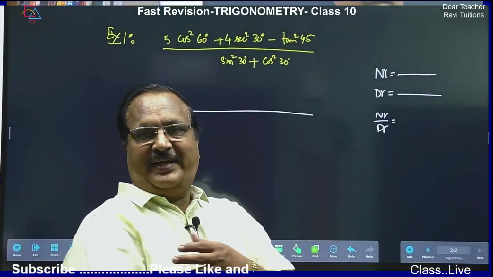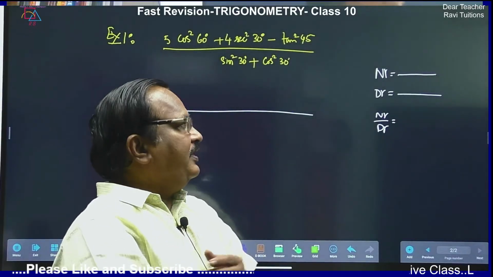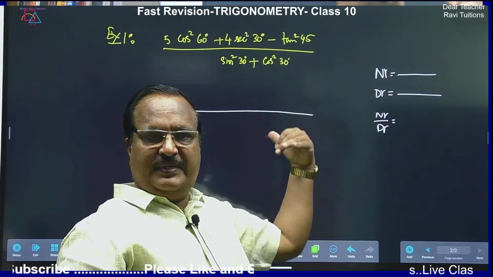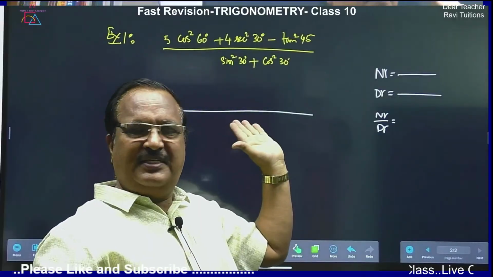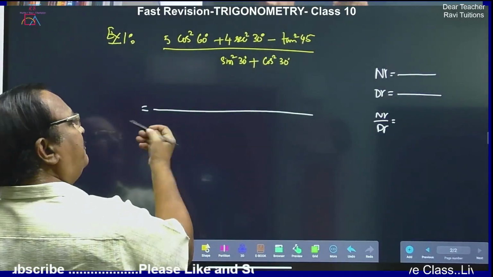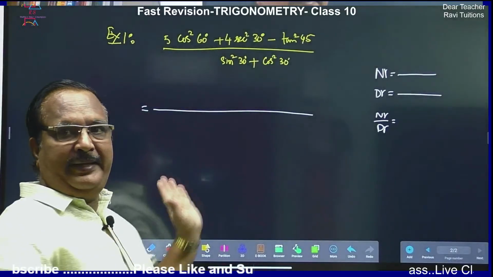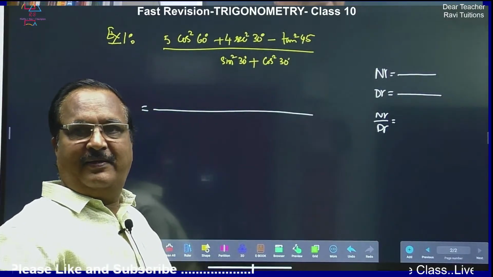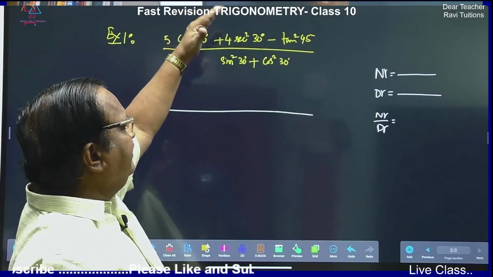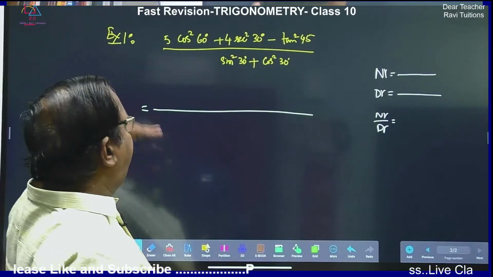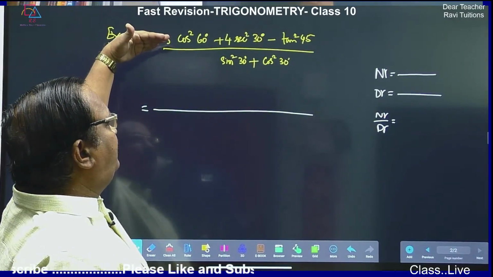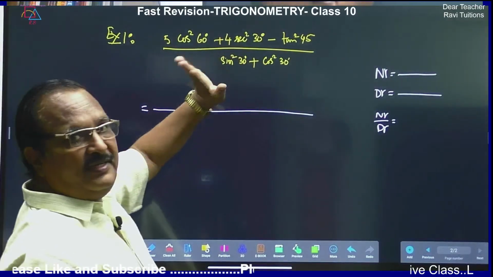That is also okay. This method is fine and that method is also fine. I will do it in this method. So, I will write is equal to, and then put a big line, with the numerator on top and the denominator below.